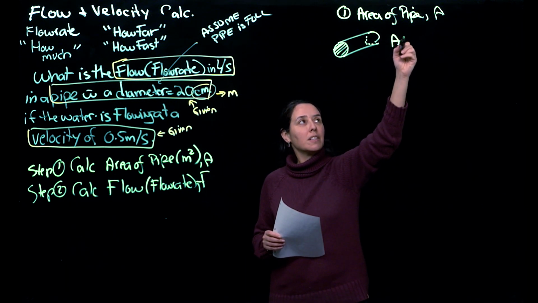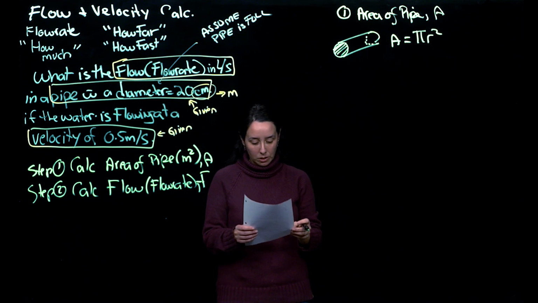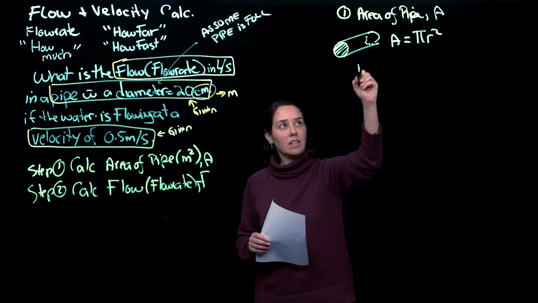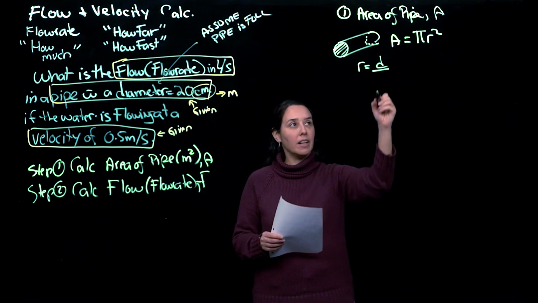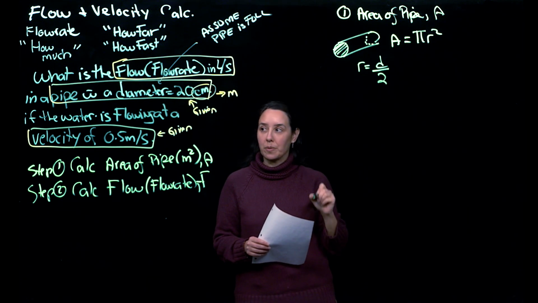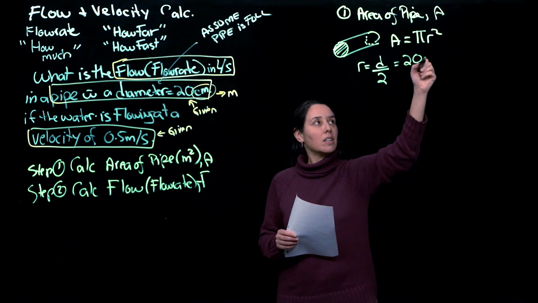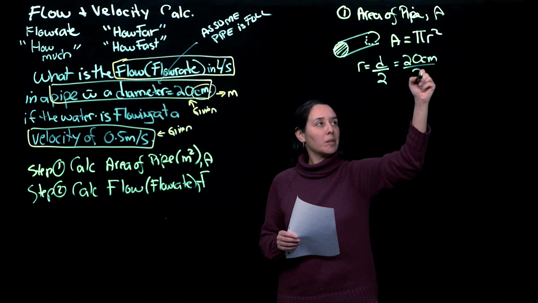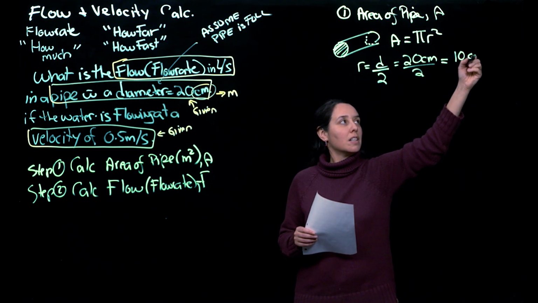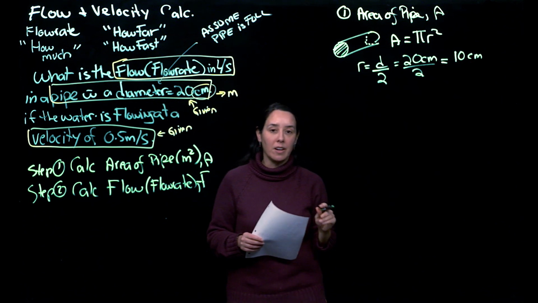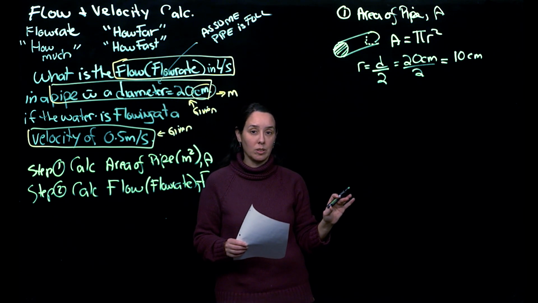And the formula is A equals pi r squared, and r is equal to the diameter of the pipe divided by 2. We're given the diameter of 20 centimeters, so 20 centimeters divided by 2. The radius, therefore, is 10 centimeters.